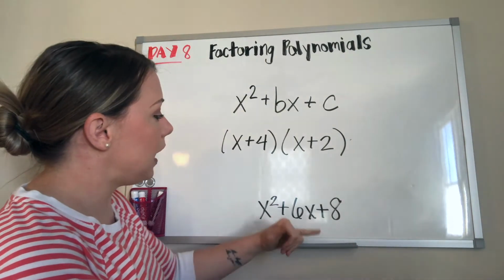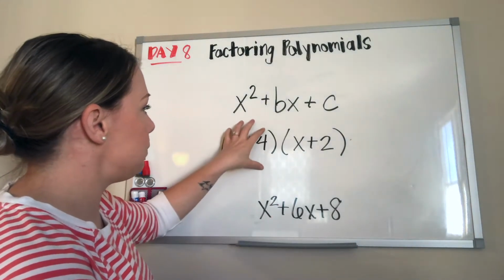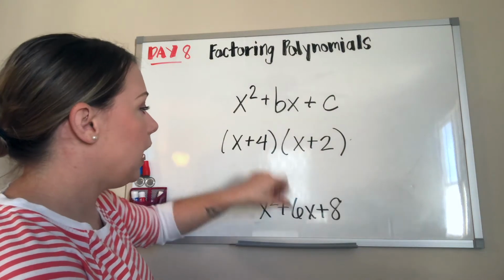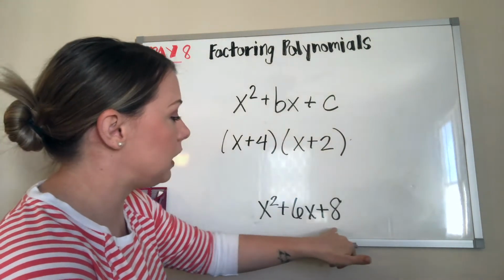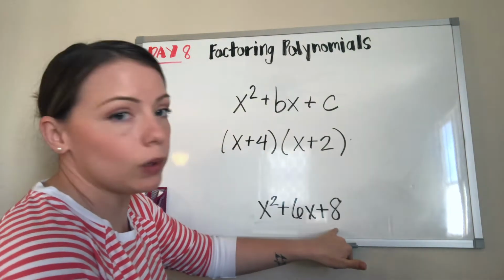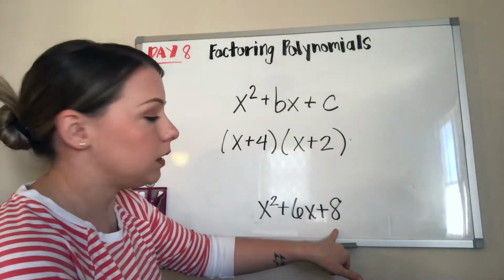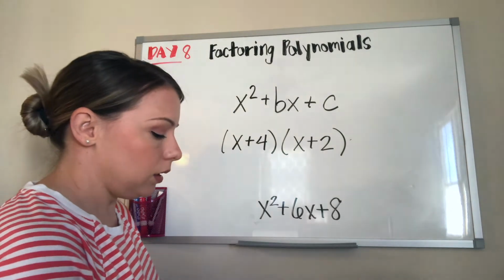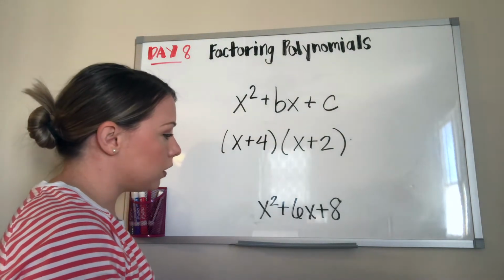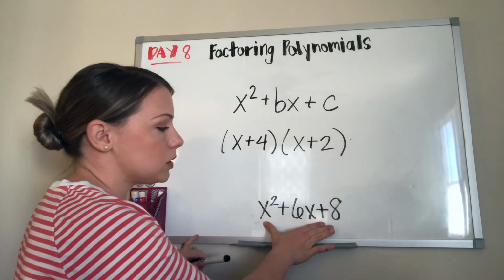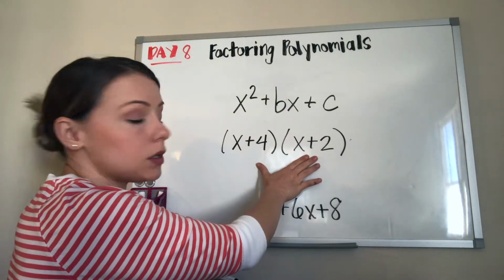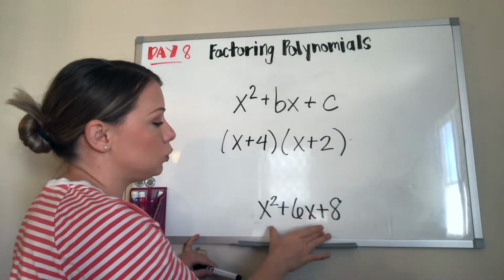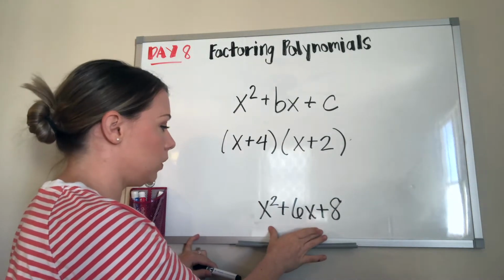And this was created because I took this binomial x plus 4 and multiplied it by x plus 2, therefore producing the product x squared plus 6x plus 8. So in this section, you all will start with a polynomial such as this, and you'll figure out the 2 binomials that were multiplied to create the given polynomial.